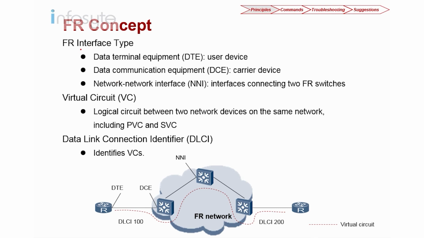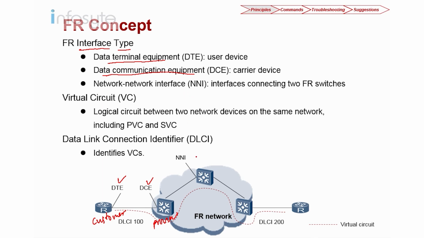First, let's look into the interface type. Here we have the DTE, which is on the customer side, as well as the provider. The provider will be using DCE, which stands for data communication equipment, and the customer uses data terminal equipment.